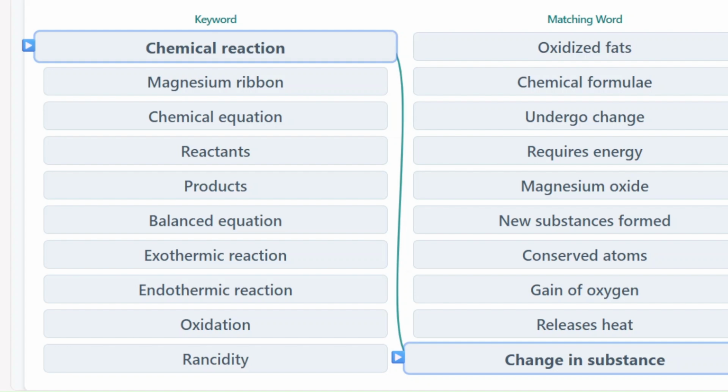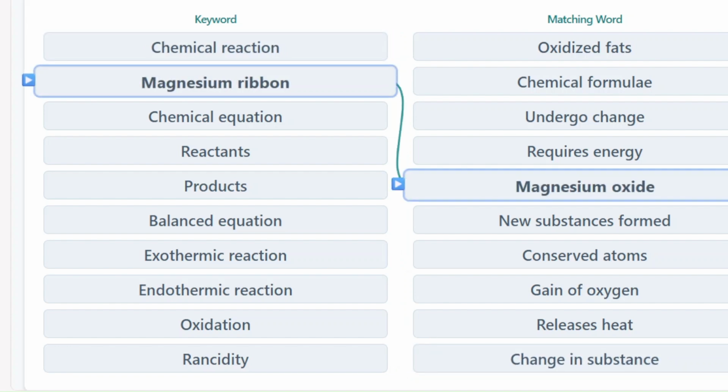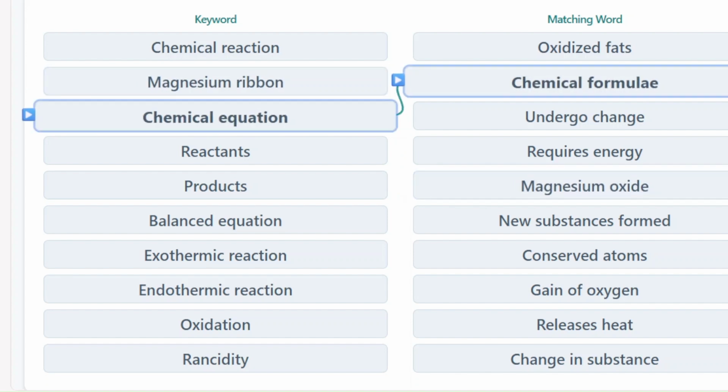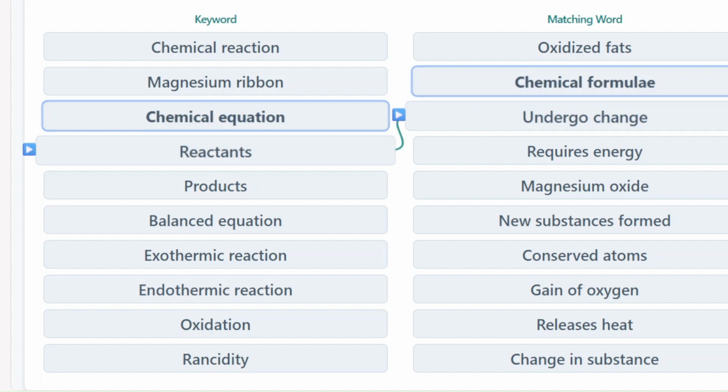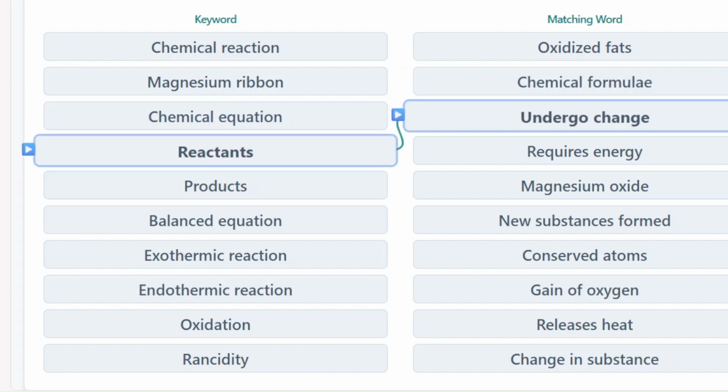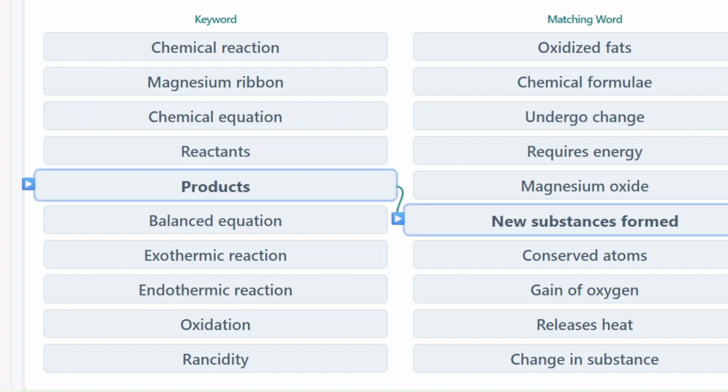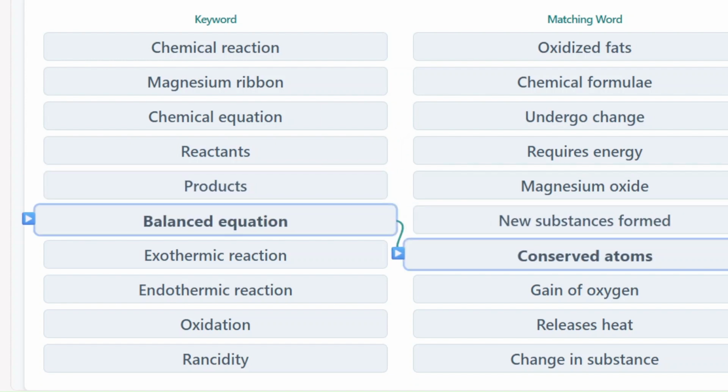Change in substance. Magnesium ribbon. Magnesium oxide. Chemical equation. Chemical formulae. Reactants. Undergo change. Products. New substances formed. Balanced equation.